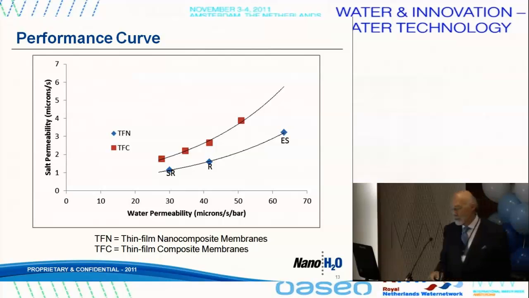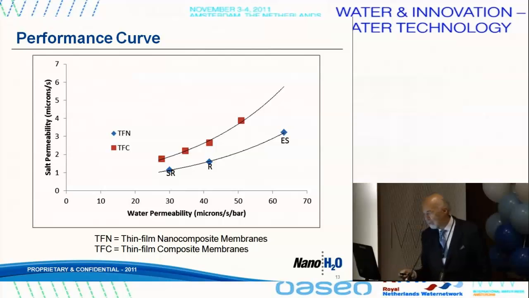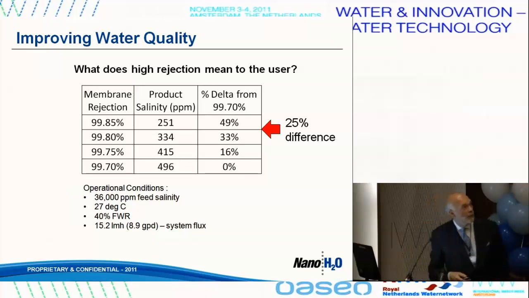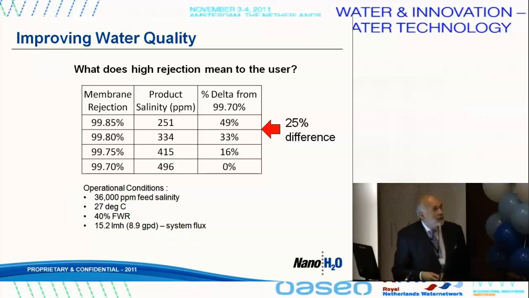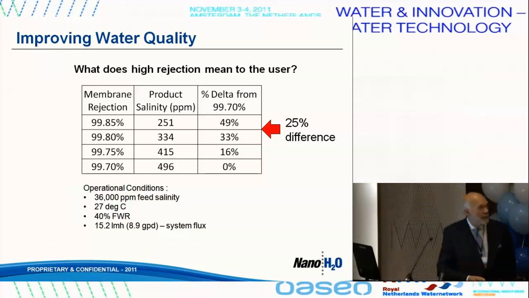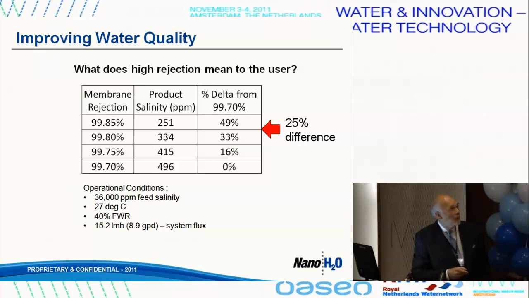That's really what we're able to do, and improving that salinity is pretty significant. So the market today, the best membranes that are on the market commercially, other than the ones that are produced by NanoH2O, they quote 99.8% salt rejection.